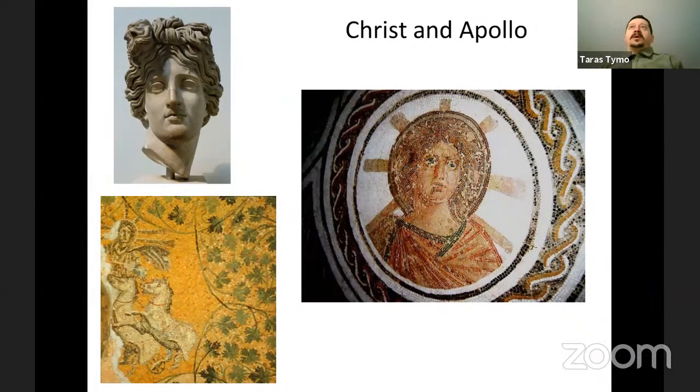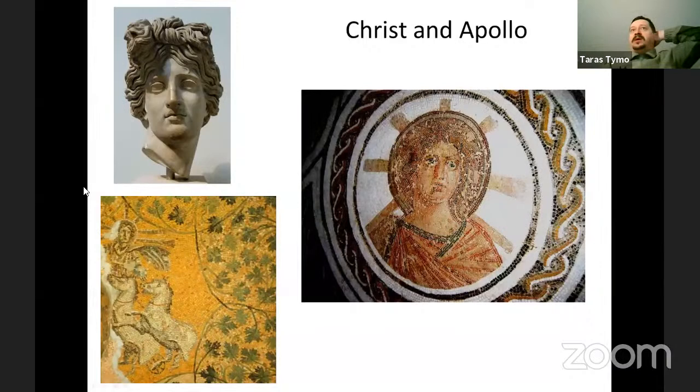Sometimes there are attempts to represent Jesus using various symbols from the culture and from Greco-Roman religions. And you have partially seen that already, so I will quickly go through it. There were attempts to take over some features of Apollo and apply them to the iconography of Christ.